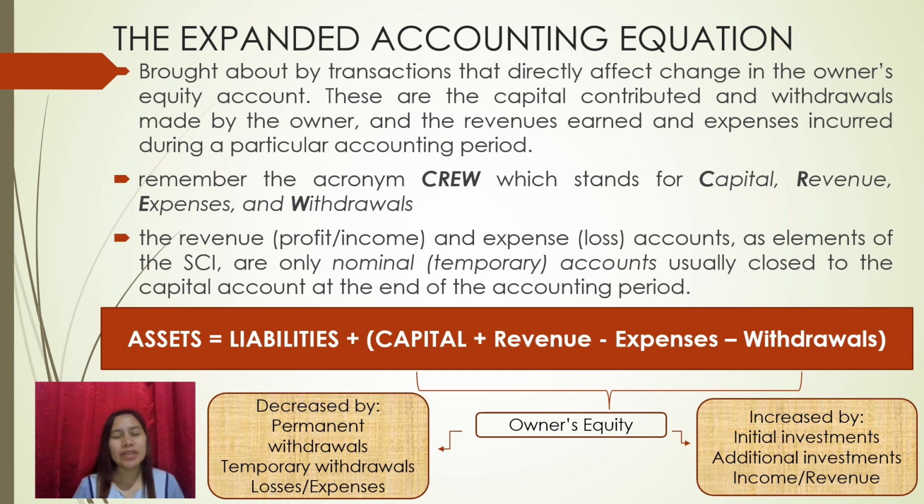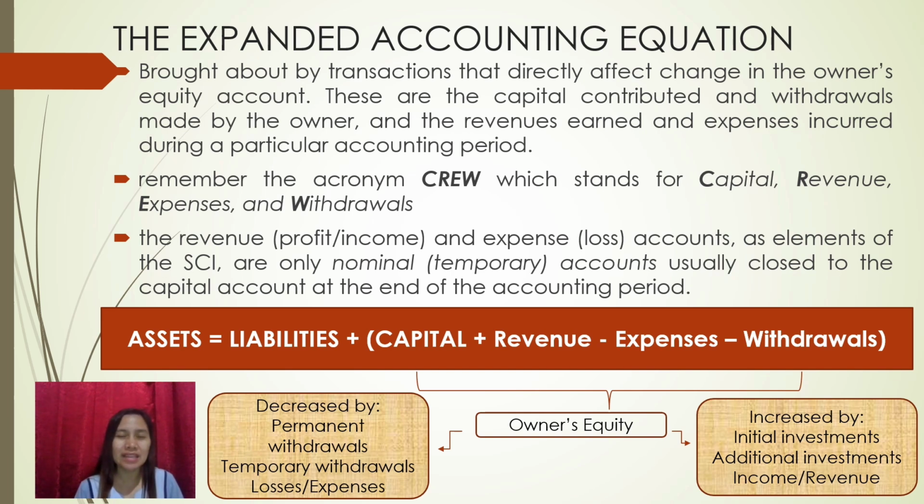For the expanded accounting equation, assets is equal to liabilities plus capital plus revenue less expenses less withdrawals. These revenues and expenses are under the Statement of Comprehensive Income, formerly known as the income statement.